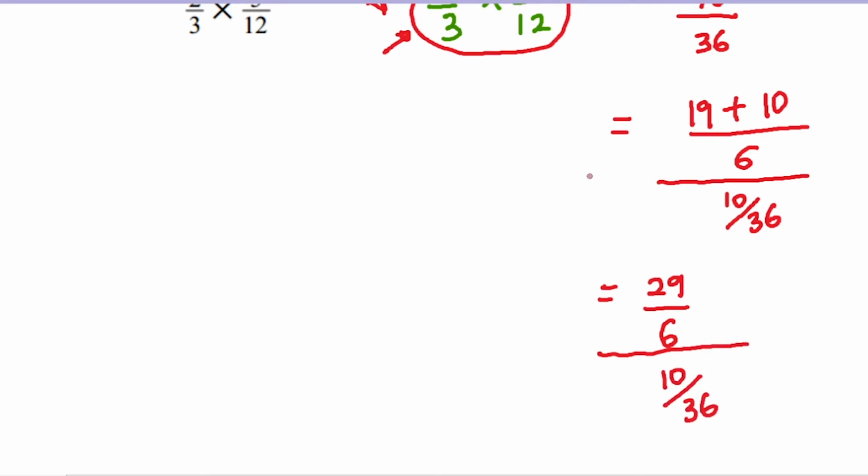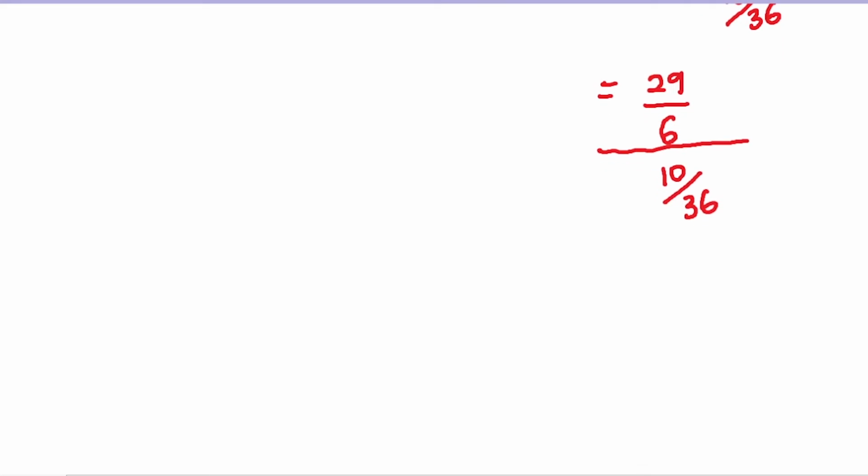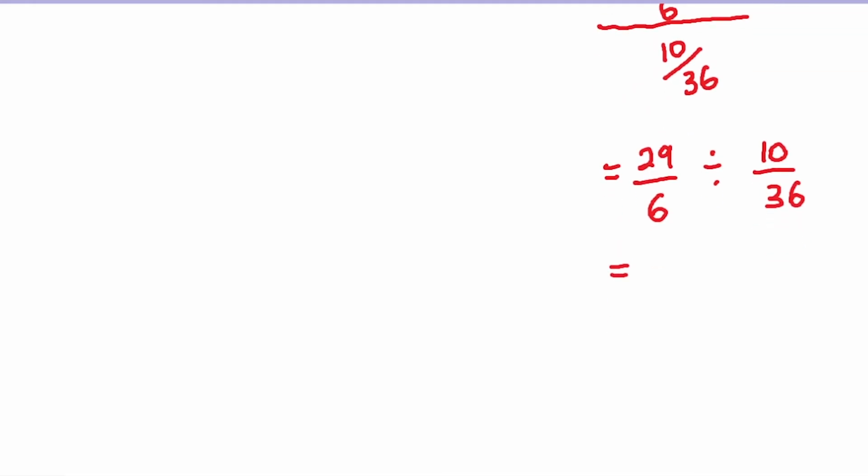Now that we have one figure on top and one figure at the bottom, we can afford to go ahead and divide them the way they should be. So this is going to become 29 over 6. Divide that by 10 over 36. And that is going to be equal to 29 over 6.